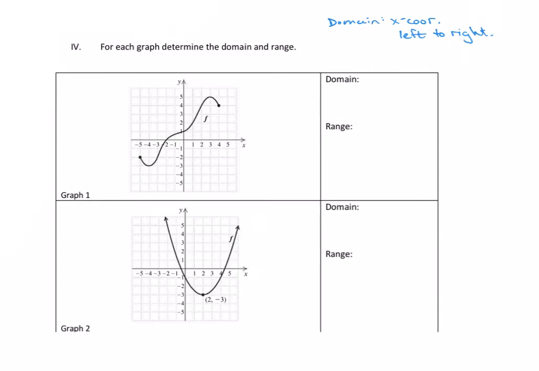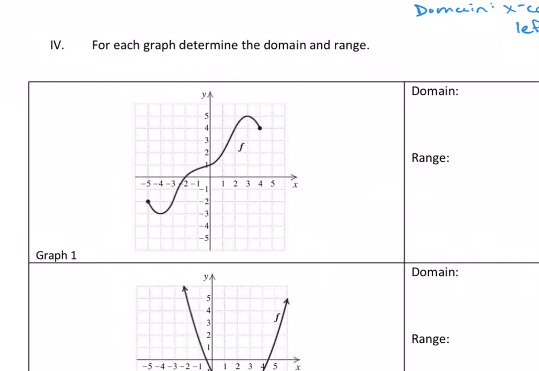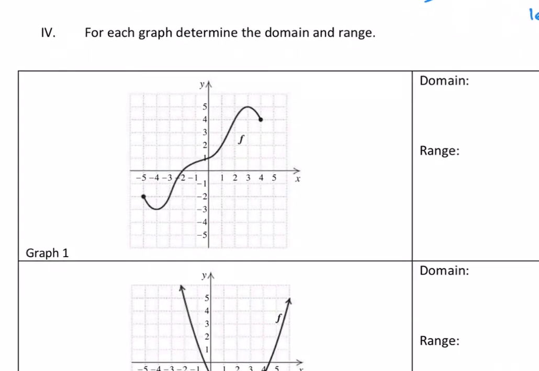So for instance, when I look at graph 1, I want to know what is my leftmost x coordinate. Well, my leftmost x coordinate occurs right here. This is a -5. I'm going to use a less than or equal to.